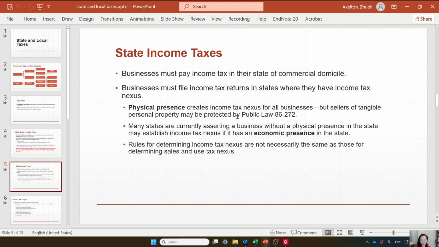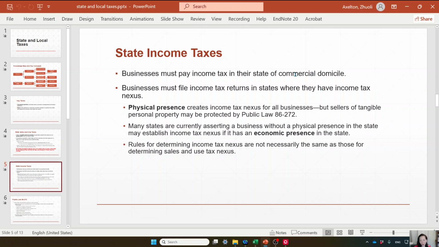Our focus will be on state income tax, because our course is focusing on income tax specifically. From a business perspective, they must pay income tax in their state of commercial domicile, and they must file an income tax return in states where they have income tax nexus.